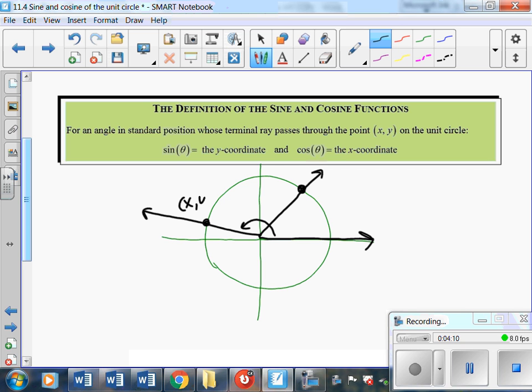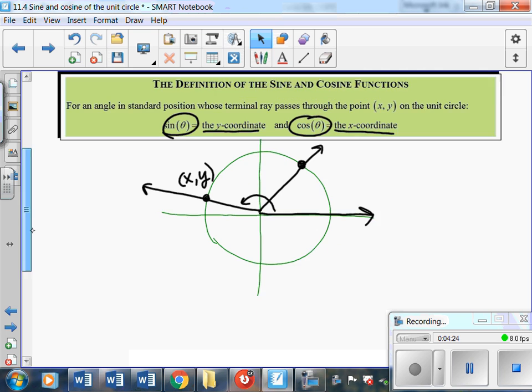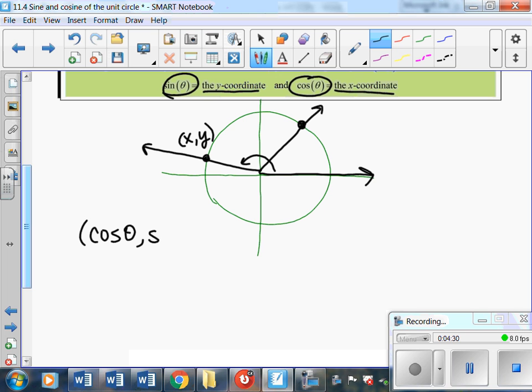Whatever our x comma y is, what they're saying is the sine is the y coordinate, and the cosine is the x coordinate. Sometimes I like to say cosine theta, comma, sine theta when I think about my point on the unit circle.